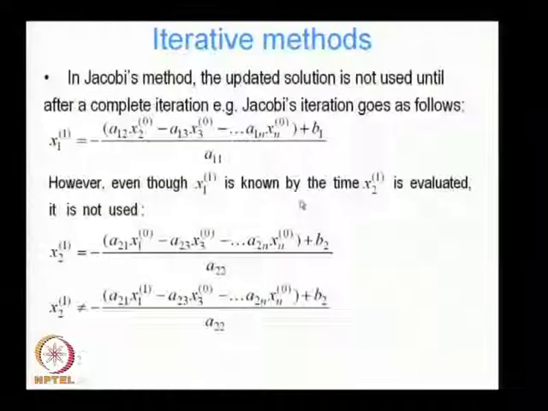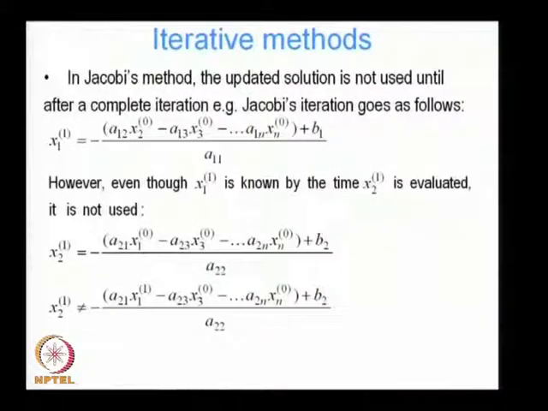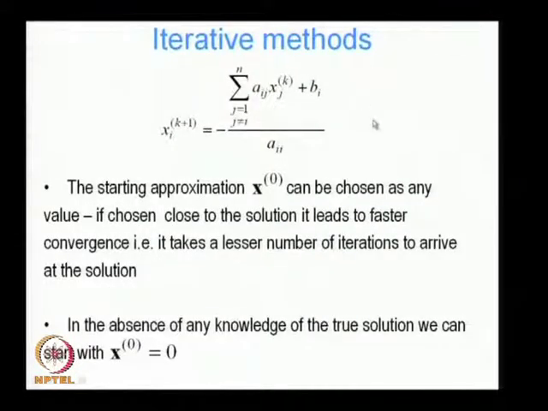Let me go back and look at it again. So, this D inverse b is coming from this b_i by a_ii, and this sigma a_ij x_j divided by a_ii is nothing but D inverse times (L plus U), right, because a_ij x_j^k is nothing but (L plus U) x^k.